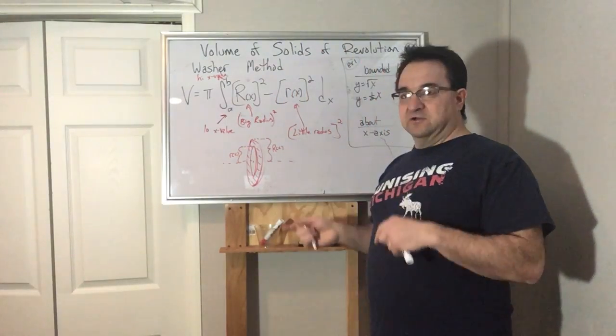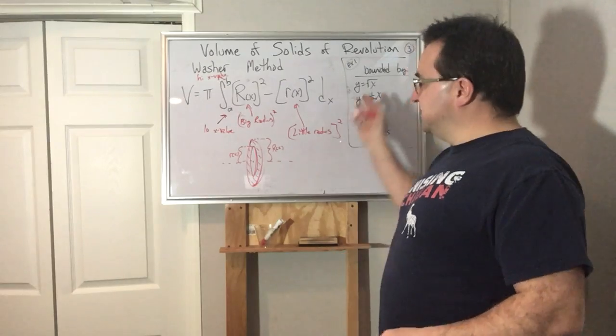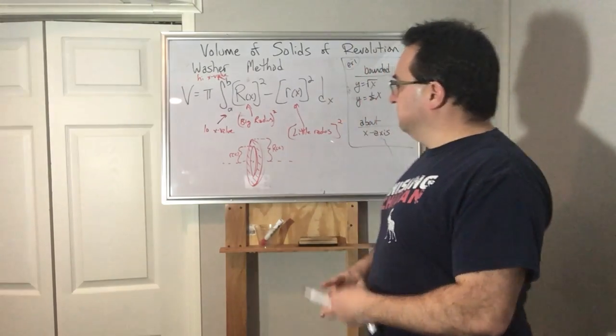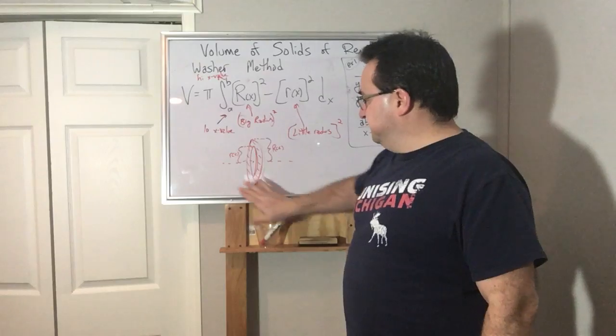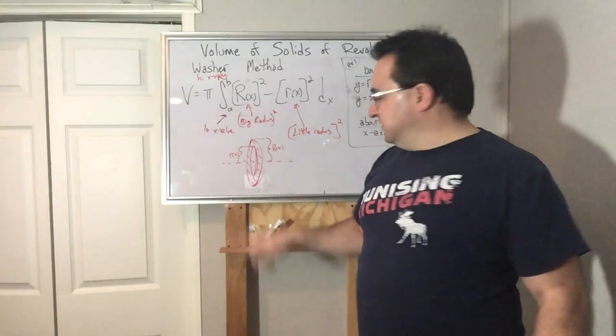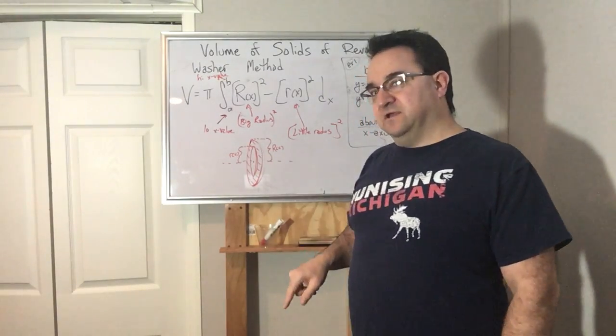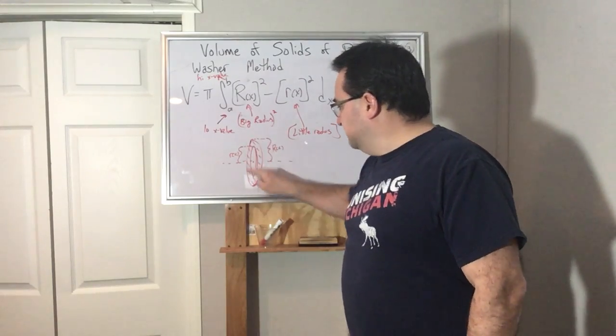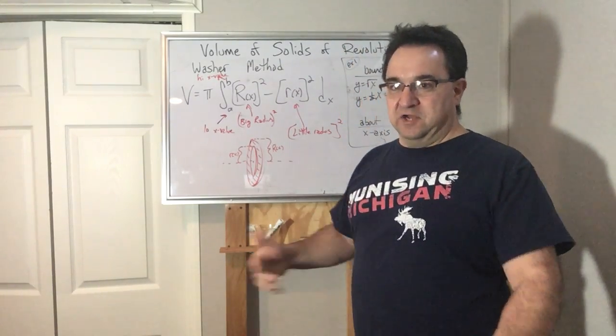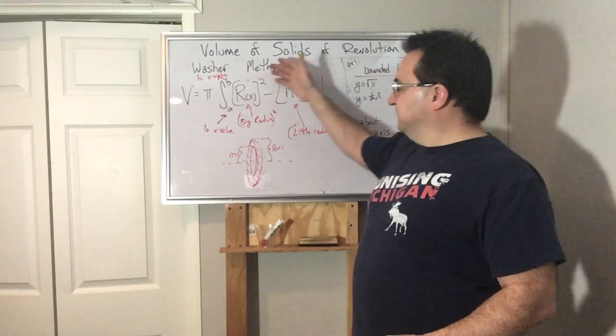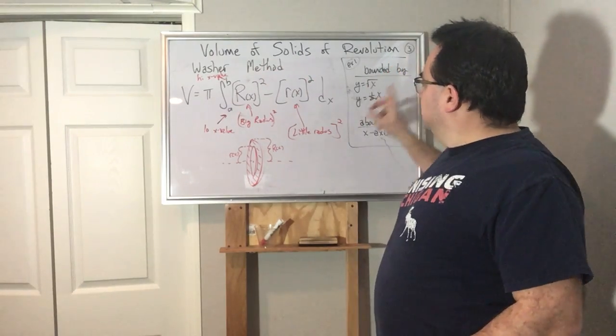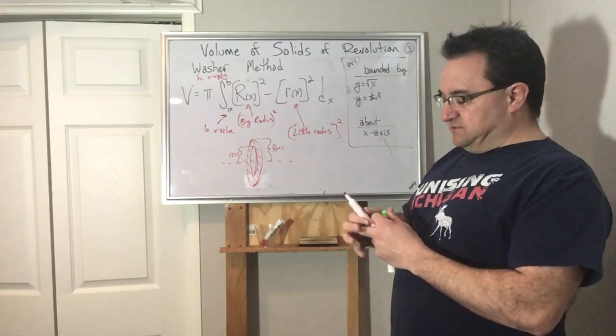This makes sense because we're finding the volume of the big disk and subtracting away the volume of the little disk, and that would leave us this ring, the washer itself. So there's our formula and the ideas. I think we should just jump right into an example.